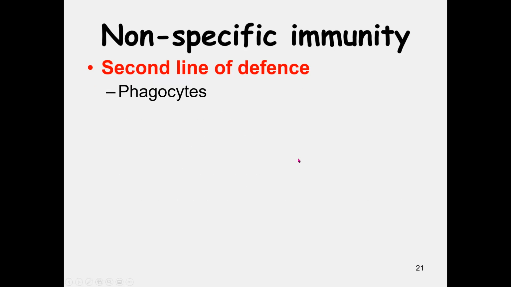Now, once some pathogen gets into us, we have a second line of defense, but this is non-specific. So we have phagocytes. Now, phagocytes, phago is to eat, cyte is cell. And so these are white blood cells, the non-specific, anything that's not part of us is nasty, and they try and get rid of it by consuming it.